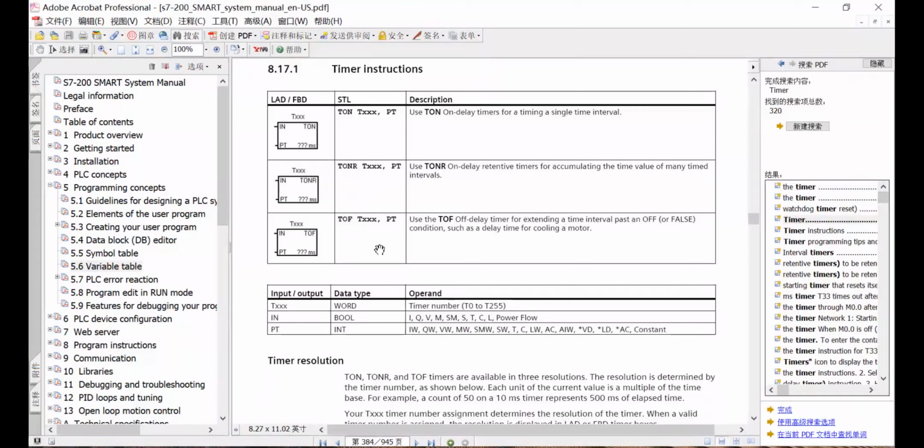After this class, you should look at this file to learn this part, and in the next class I will discuss the timer instructions. Do you know?